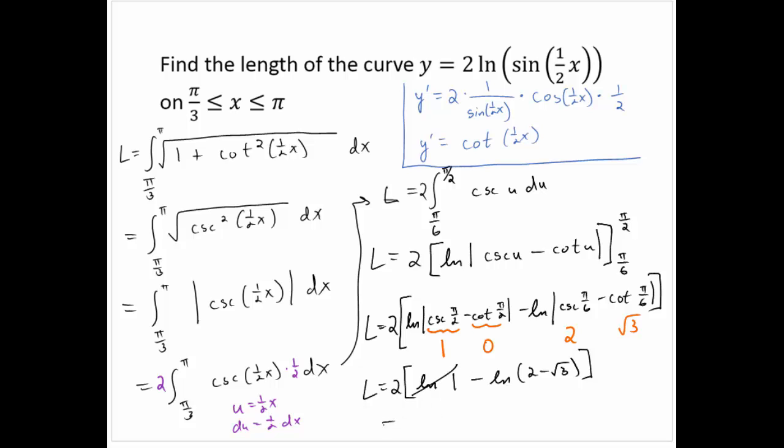And so I can write this arc length as negative 2 times the natural log of 2 minus the square root of 3, which is approximately 2.63 units. And again, we could check our work here on the calculator.